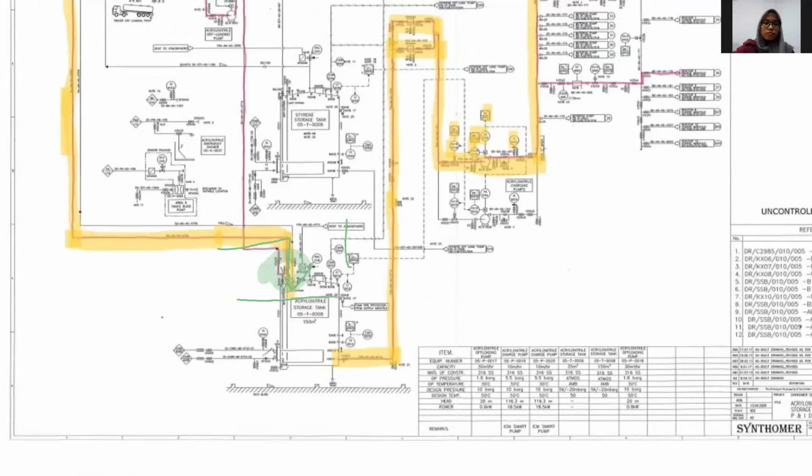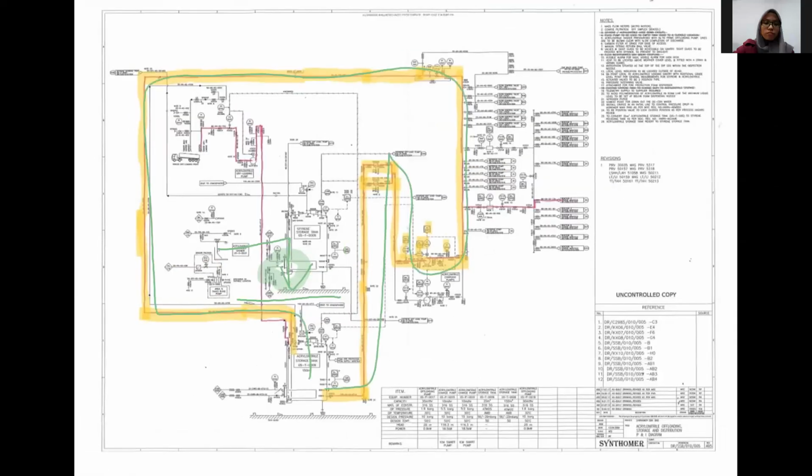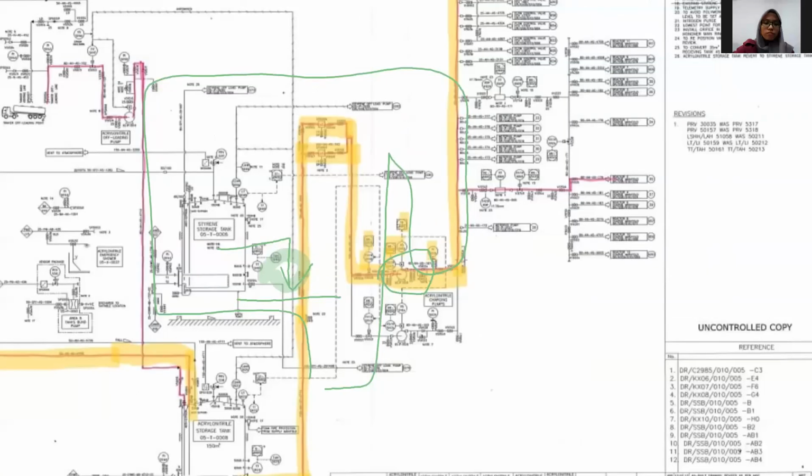At the same time the pump here will supply pressure, and after a certain time the steam will also be supplied to make sure the demin water in this tank is around 70 degrees Celsius, and circulate through this valve.